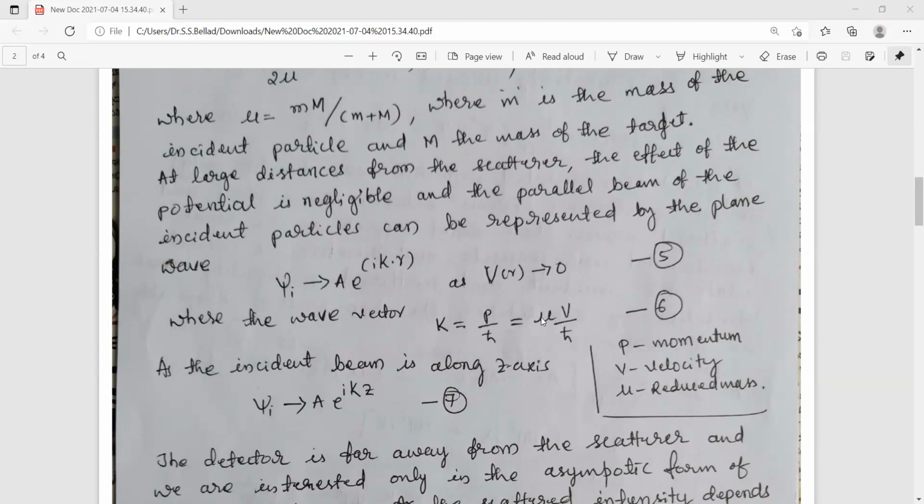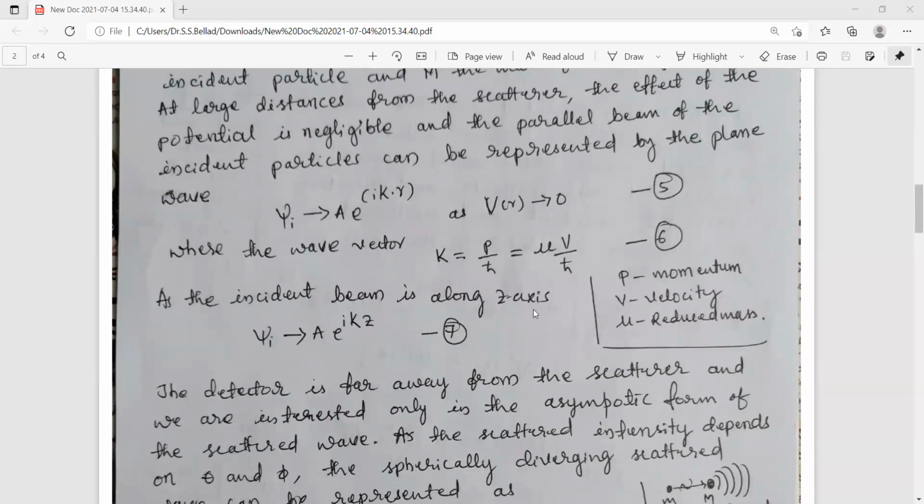Actually, momentum is equal to mass into velocity. Here we would have substituted directly the mass of the incoming particle, but we can't because this is a relative motion. So that is why mu is placed here, and this mu is the reduced mass or the center of mass of the two particles. So this is multiplied by v, the velocity of the incoming particle, divided by h cross.